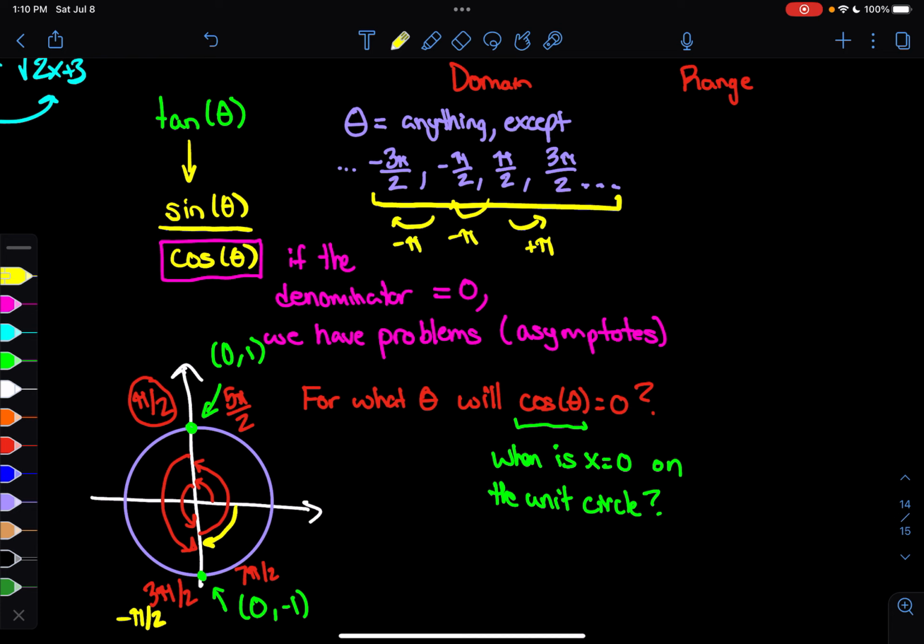So if I add or subtract any multiple of pi to this number, and I'm just picking pi over 2 at random, you could start anywhere, I'm going to run into a place where cosine of theta is equal to 0, and it makes our tangent blow up, and life is very sad.